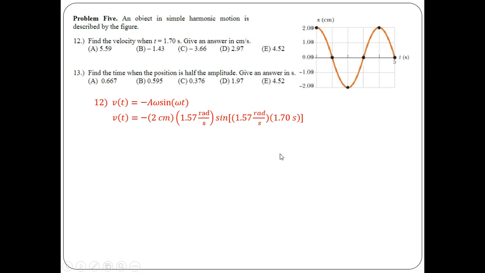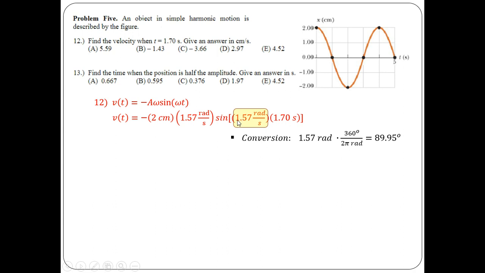But I do want to point out that this is usually where folks who are newer will go wrong. They just like to plug and chug values without paying attention to what unit it needs to be. Here, omega has a unit of rad per second, but you're taking a sine function here, so this needs to be changed to degrees per second. So let's do the conversion real quick.